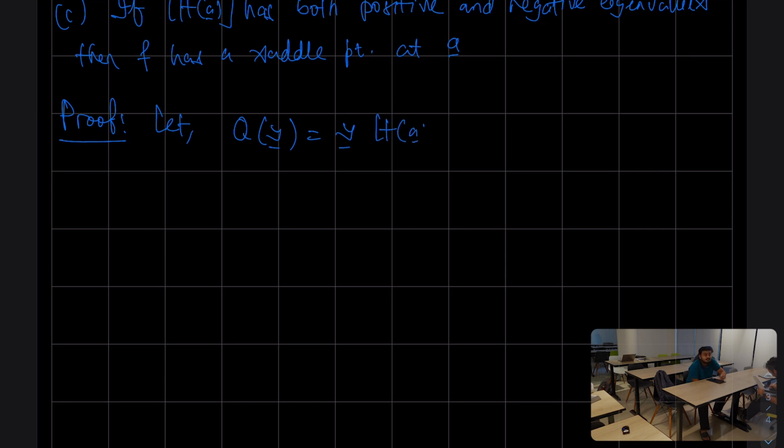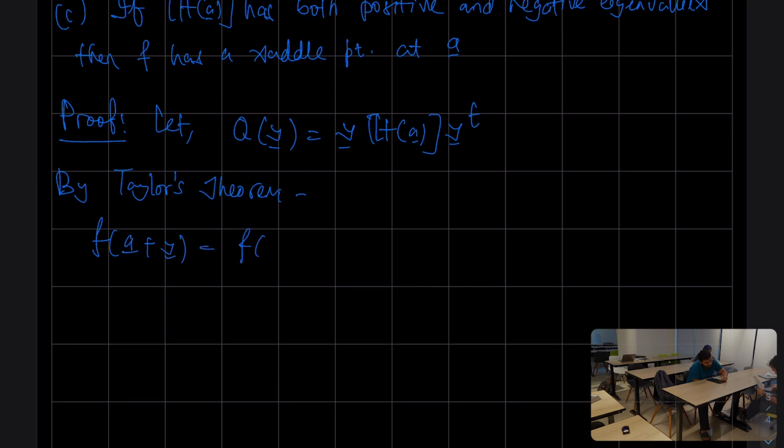Okay, let's prove this theorem. So you have this quadratic form, and by Taylor's theorem, a formula up to approximation, we have f of a plus y minus f of a is equal to 1/2 q of y plus y mod square e2 of a y.